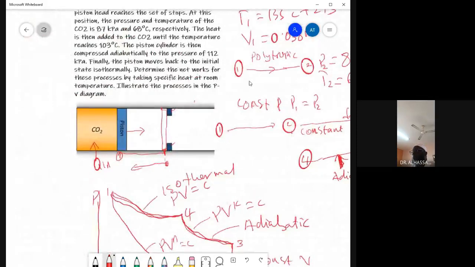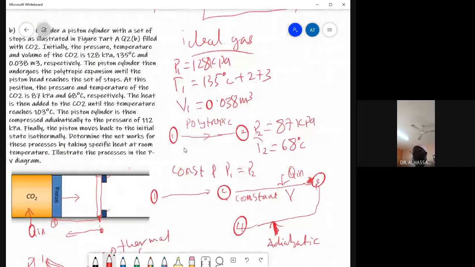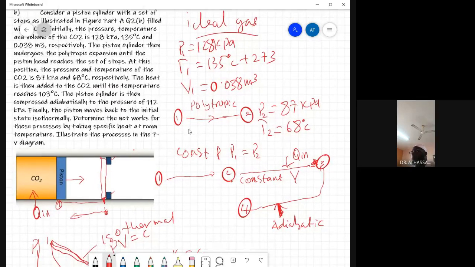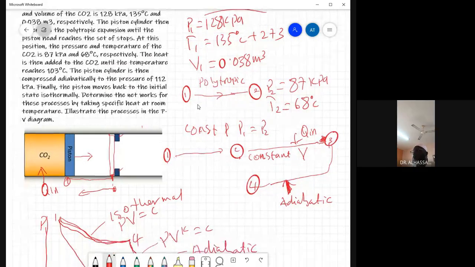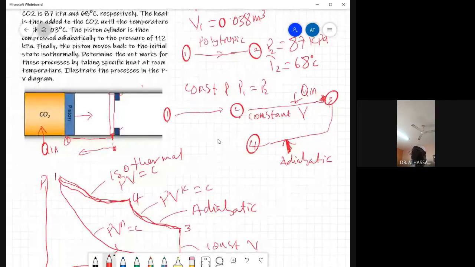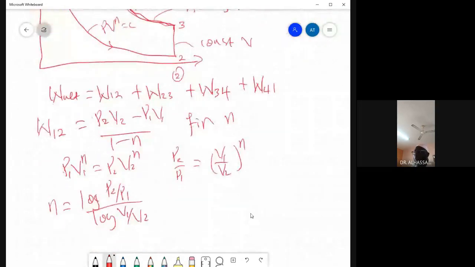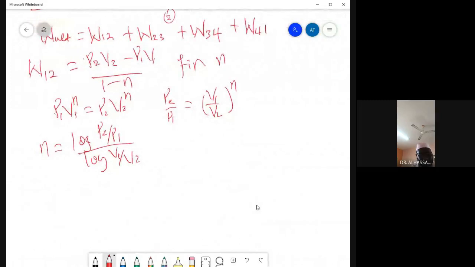Okay, so now let's see, according to the question, do we know all this? What are the known parameters? P1 is known, V1 is known, also P2 is known, T2 is known, but we don't know V2. So how do we determine V2? We have to use the ideal gas equation.